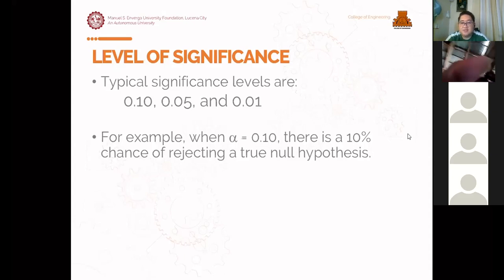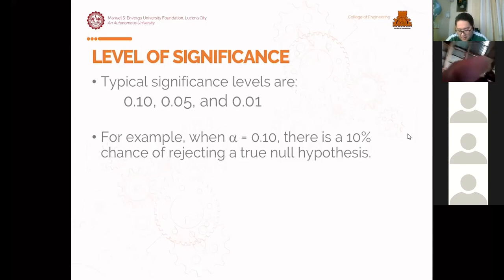Then when we know our z-score, if we have a particular set of data, we have a mean and a standard deviation, we make its normal distribution curve. Then we make it a standardized normal distribution by getting the z-score. Then we compare that z-score to the critical value, no? That we get from the level of significance.